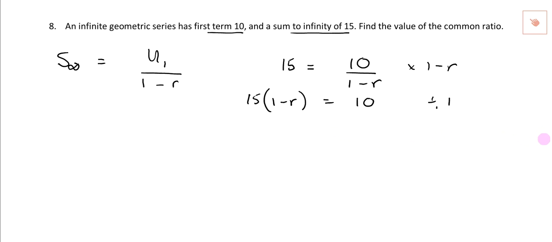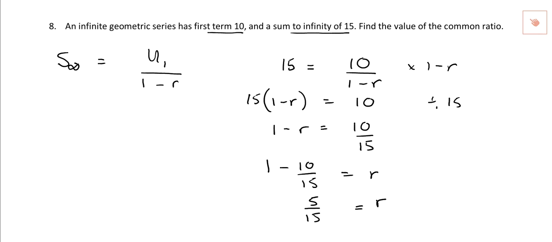Then if I divide by 15, I get 1 minus r is 10 divided by 15, the basic algebra. Then I can add r and subtract, and I end up with 1 minus 10/15 equal to r, which means r is equal to 5/15 or 1/3. Okay?